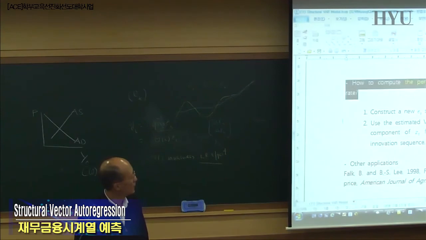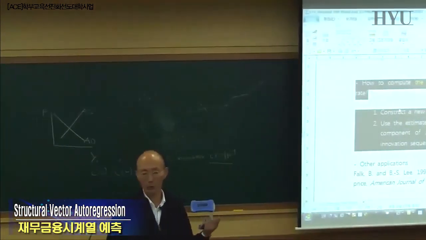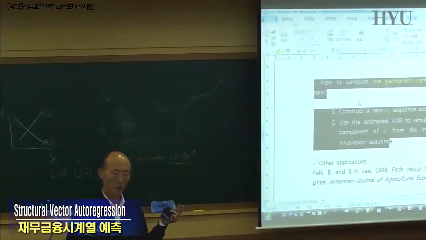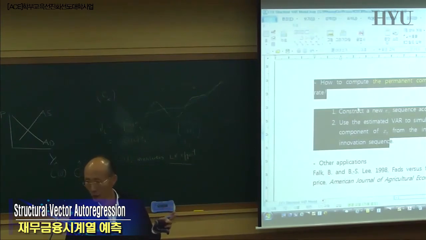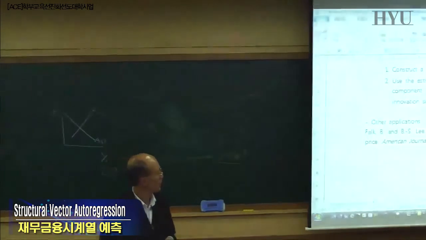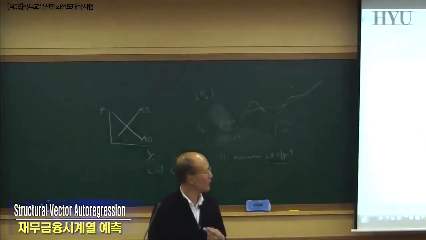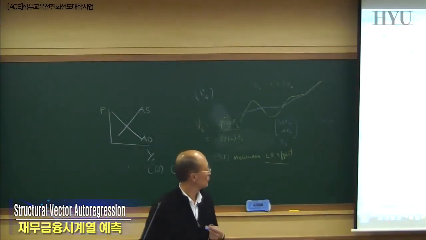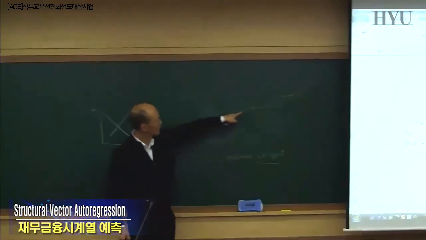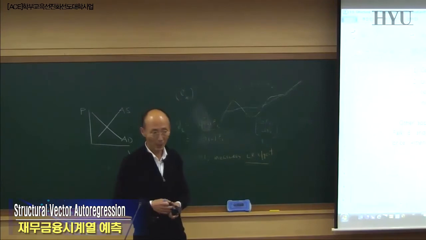Suppose you can handle this problem well up to this point. Then you might be able to apply this method to answer many interesting questions. For instance, here, Falk and Lee in 1998, they wanted to apply this method to find this line for farmland price, land price.